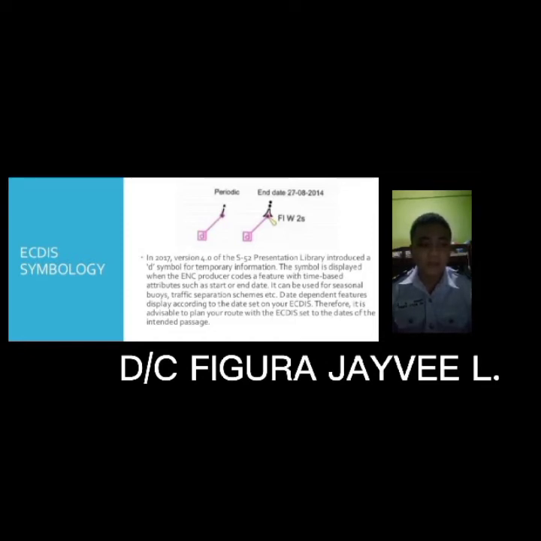The symbol is displayed when the ENC producer codes a feature with time-based attributes such as start or end date. It can be used for seasonal buoys, traffic separation schemes, etc.